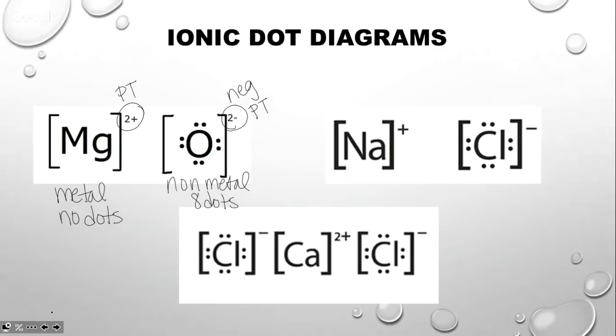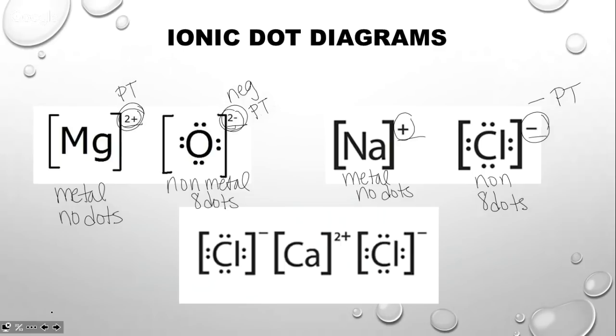If those charges are equal and opposite sign, then that's the end of your dot diagram. So again, metal, no dots, positive charge from the table, nonmetal, 8 dots, negative charge from the periodic table, equal and opposite, we're done.